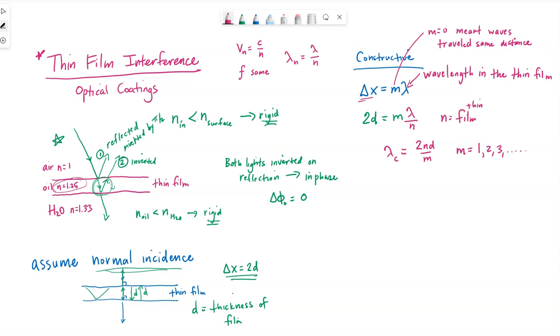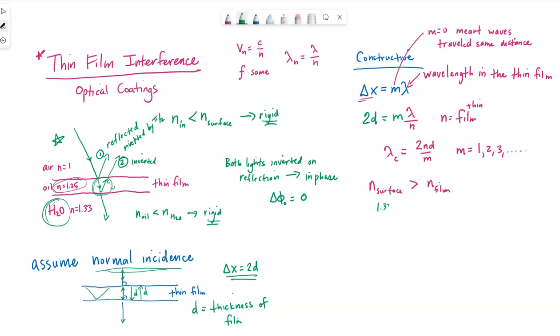So when you look at the test notes, you're going to see this equation under n of the surface being greater than n of the film, which is what we have, right? Our surface is the water. That's what the film is on.